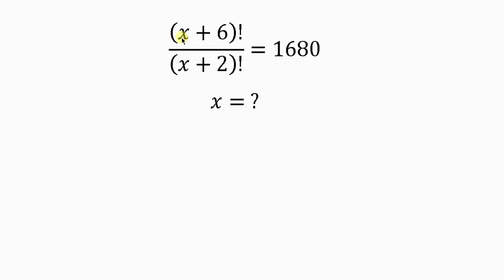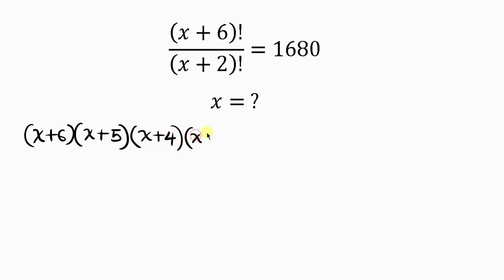Well, our first step will be for us to start from the numerator. (x + 6)! is x + 6, times, remember the value reduces by 1, so the next will be x + 5, times x + 4, times x + 3, times x + 2.